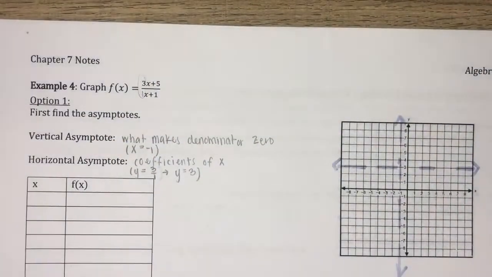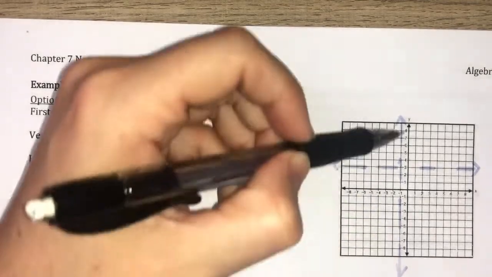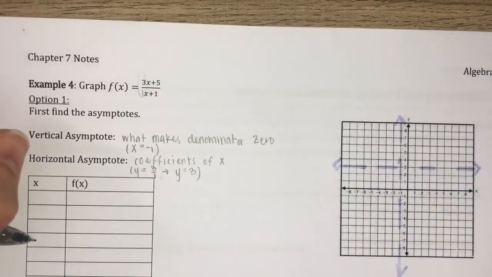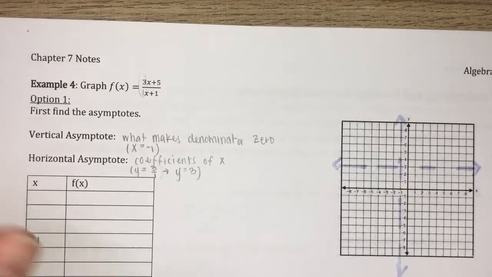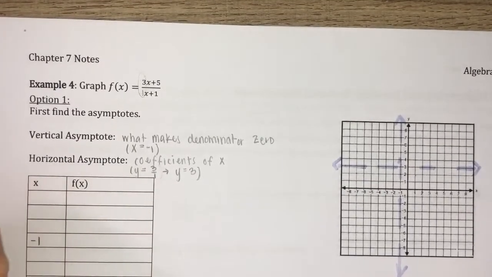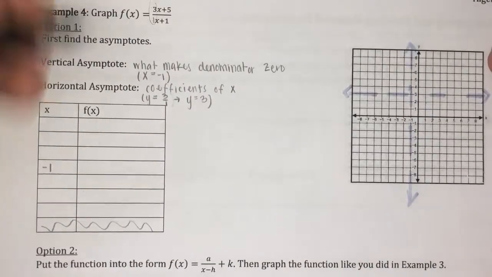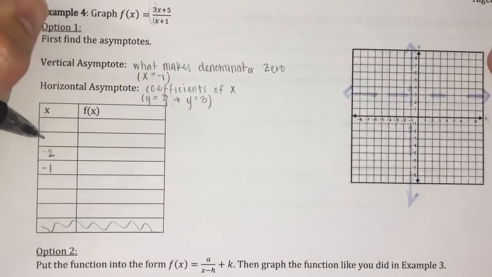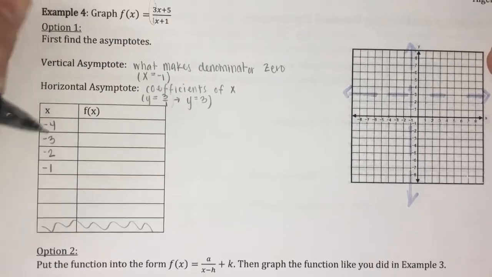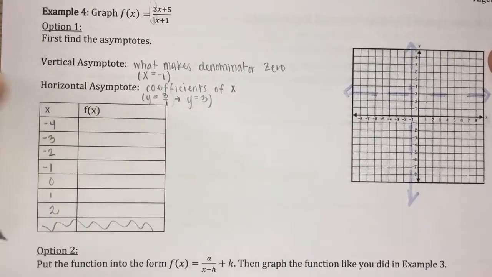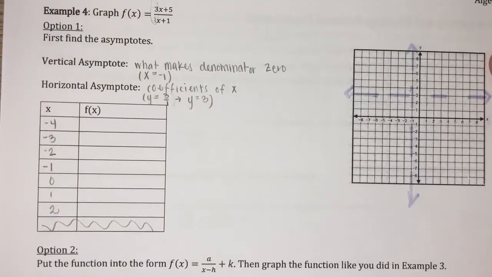And then same thing as before, when we create our table, we want that vertical asymptote to go in the middle of our table. So our vertical asymptote is x equals -1, so that's going to go right in the middle of the table. And then we'll go down from there, so down to -2, -3, -4, and then 0, 1, and 2. If you printed the notes, don't worry about the bottom line, it just has an extra line.